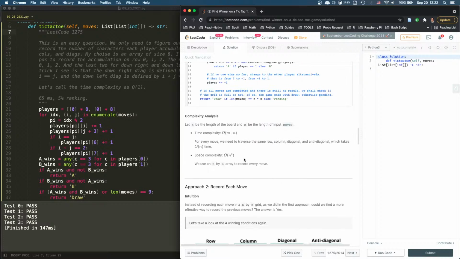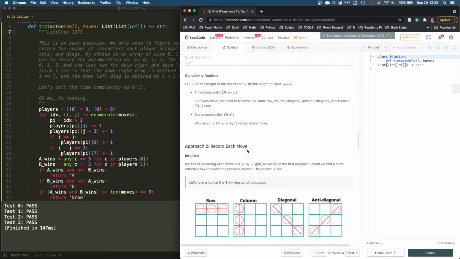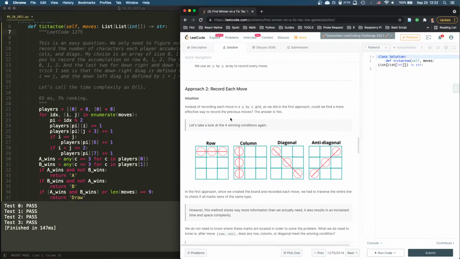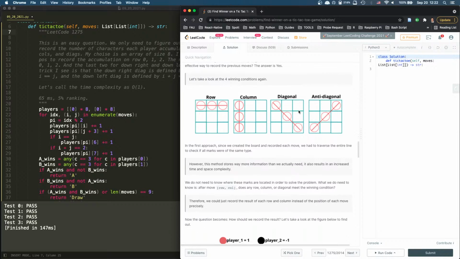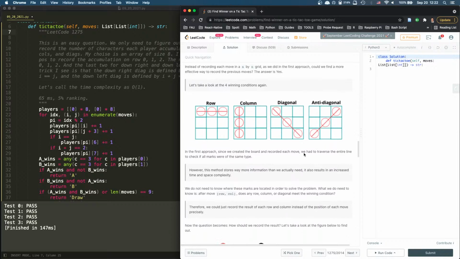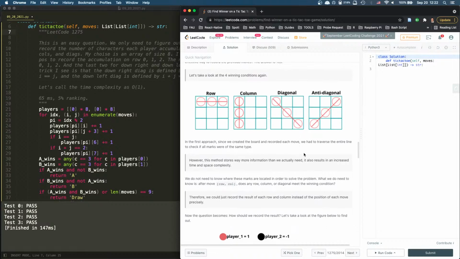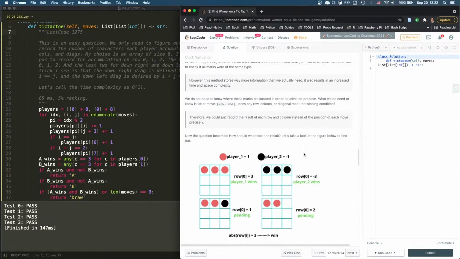They call it n by n. Record each move. Row 0 equals 1.